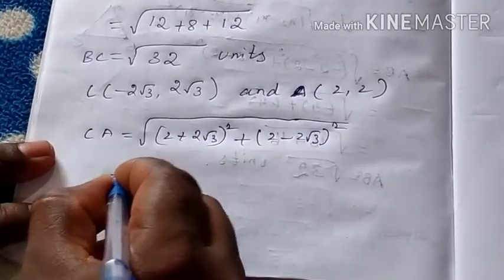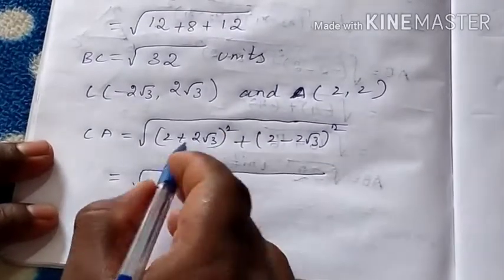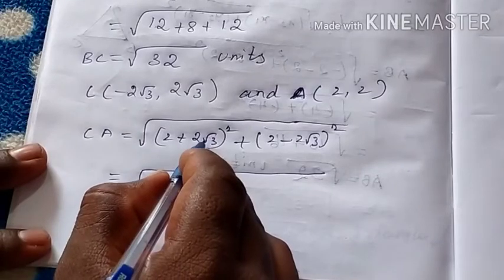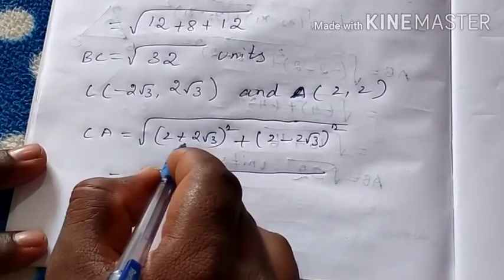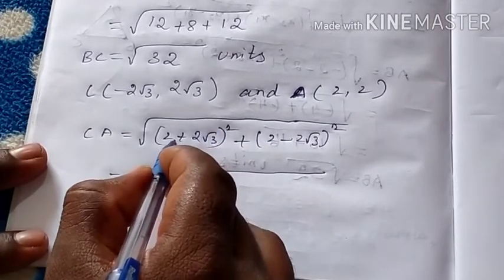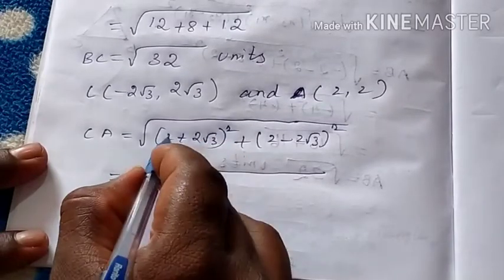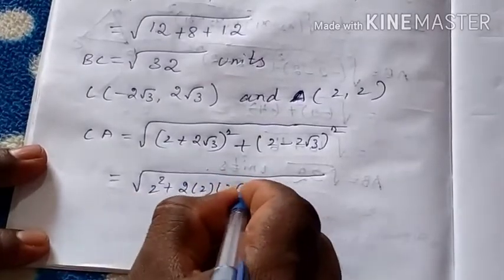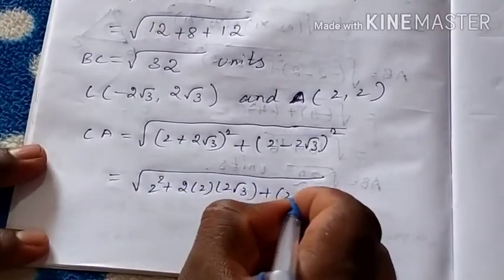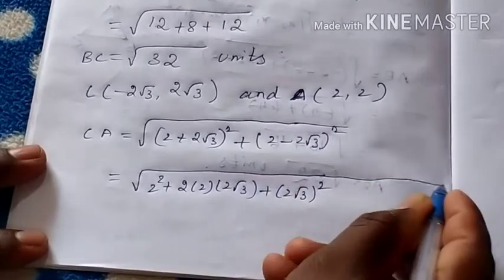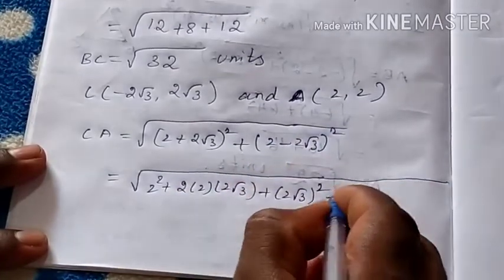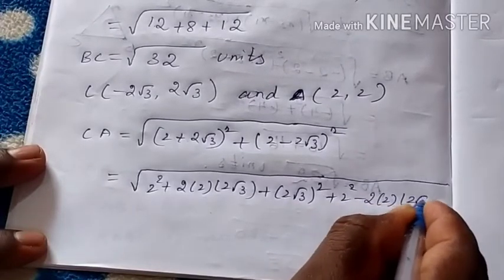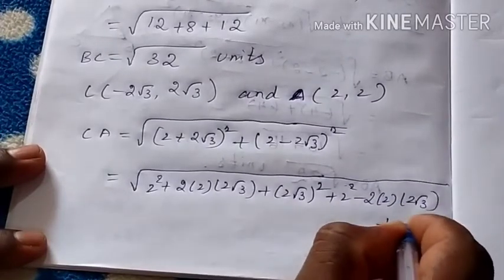It is equal to the square root of, expand using the algebraic identity. (a plus b) the whole square is a square plus 2ab plus b square, with 2 root 3 the whole square. In the same manner, (a minus b) the whole square is a square minus 2ab plus b square.